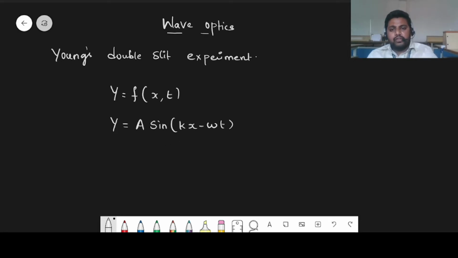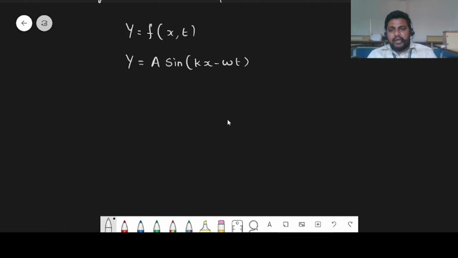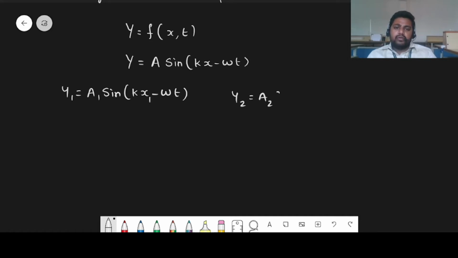Now, if you have two waves, you can write y1 is equal to a1 sine(kx1 minus omega t), and y2 can be written as a2 sine(kx2 minus omega t).